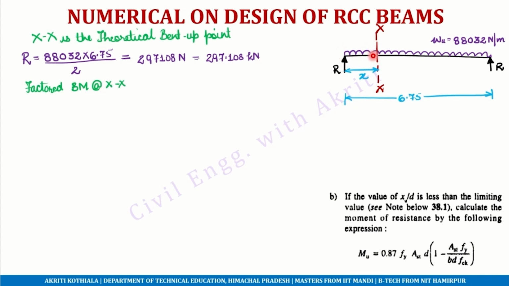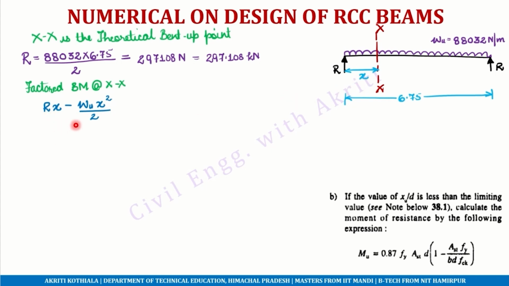So R into x minus wu x square by 2, because w is a UDL here. So the force will be wu into x, and this will be acting at the center of x, so wu x into x by 2.